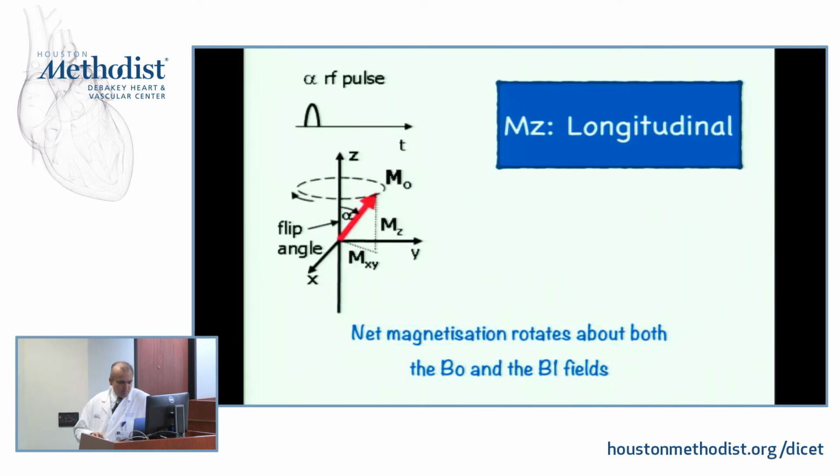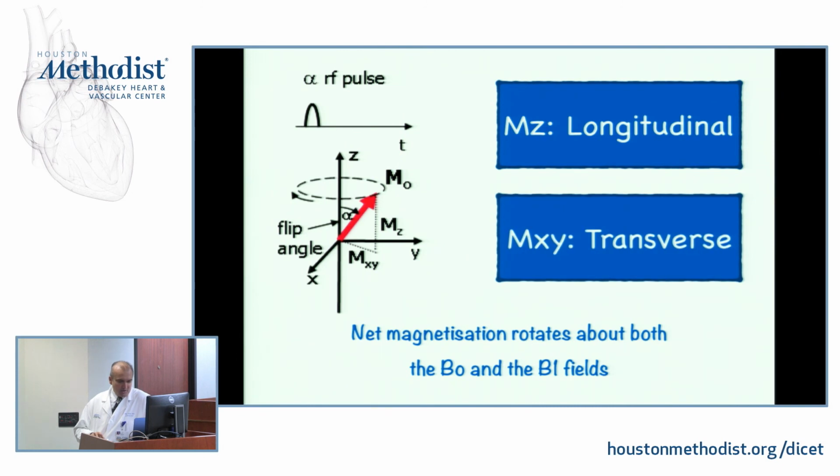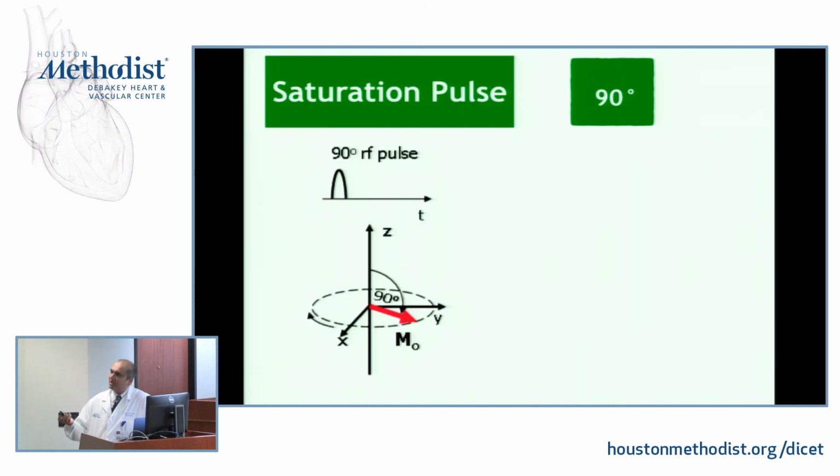Now, what happens as a result is that over time, that magnetization is going to try to regrow back into the longitudinal plane. Actually, before I talk about that, this shows that if you do a full 90-degree flip, you basically have zero longitudinal magnetization, but all of your magnetization has been tipped over into the horizontal or the transverse plane. And that gives you obviously the largest signal, because the signal that you receive is based on the amount of magnetization that gets into the transverse or horizontal plane.